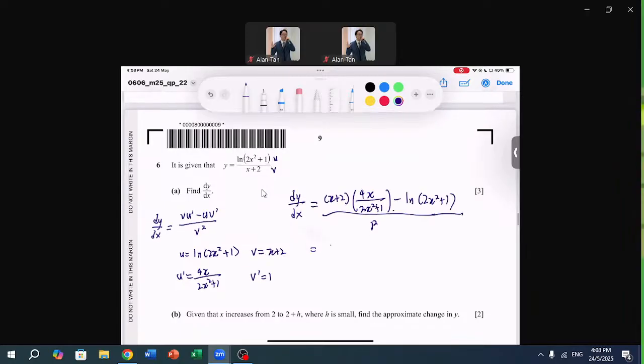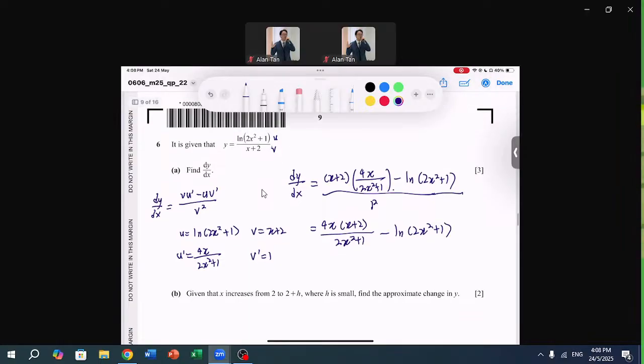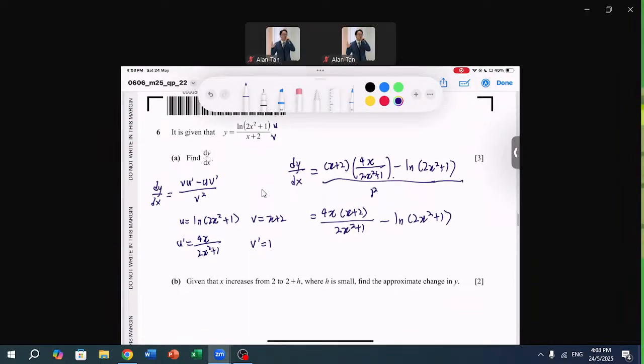In this case the 1 squared you can just take away. Leave it as 4x(x plus 2) over 2x squared plus 1 minus ln of 2x squared plus 1. And this would be more than sufficient.